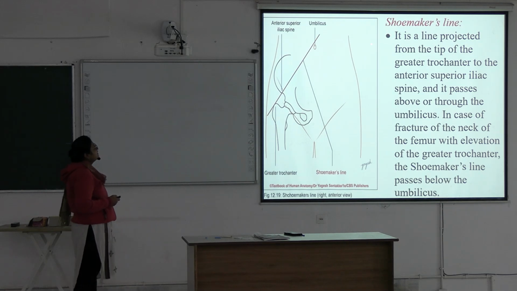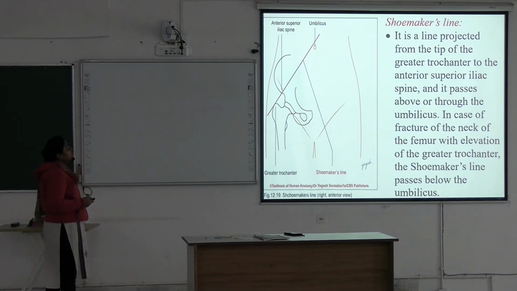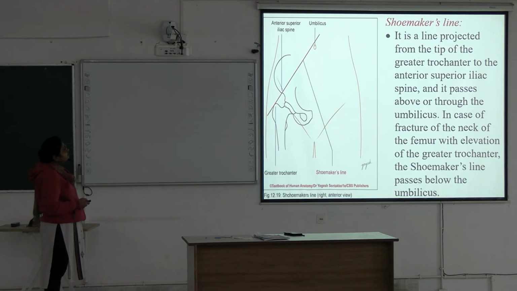is Shoemaker's line. It is a line projected from the tip of the greater trochanter, here, to the anterior superior iliac spine, here, and it passes above and through the umbilicus. Okay, if it is extended upward, it passes above or through the umbilicus.